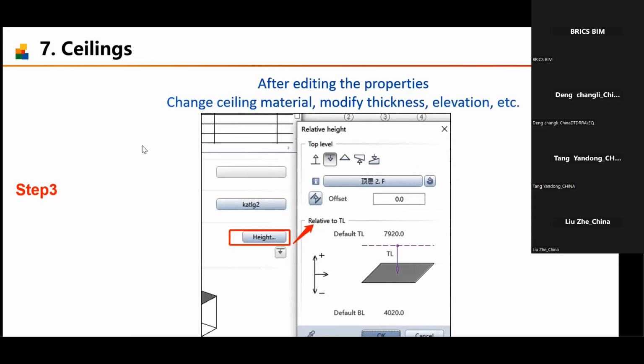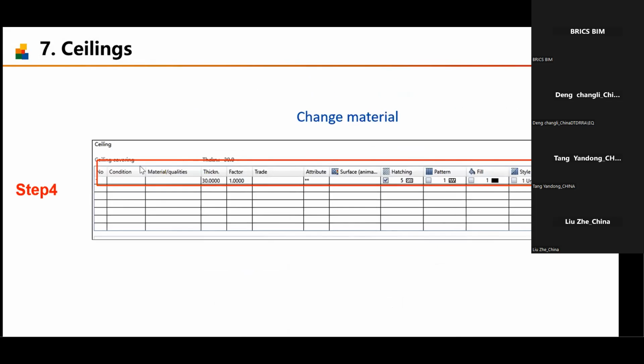The third step, after editing the properties, change ceiling material, modify thickness, elevation, as shown in this figure.